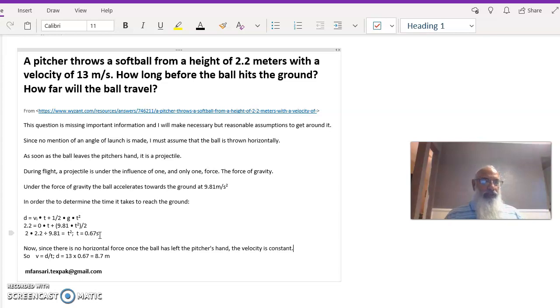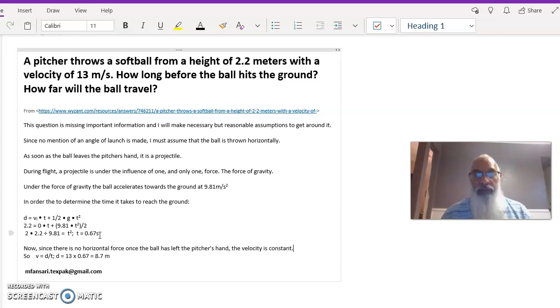And that range is horizontal. The distance that we have been dealing with so far is vertical. So now we are talking about a horizontal distance which we do not know.